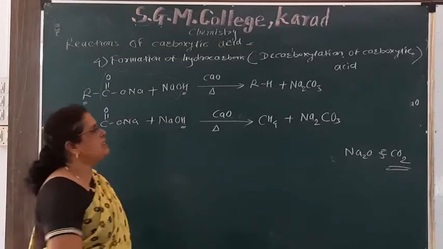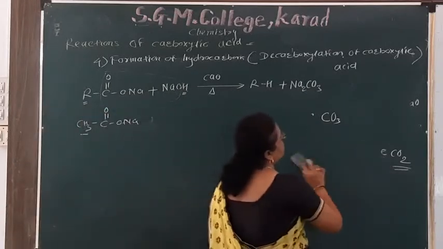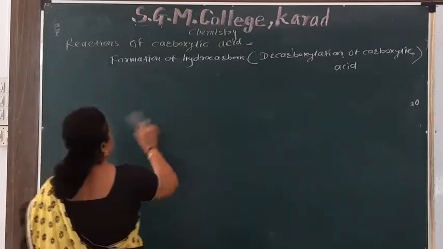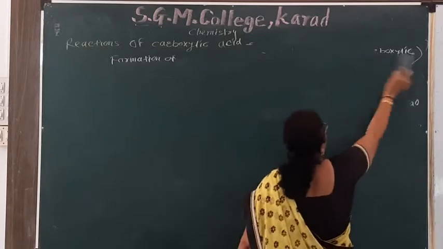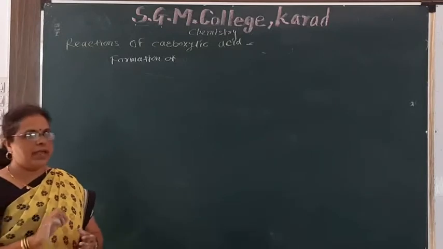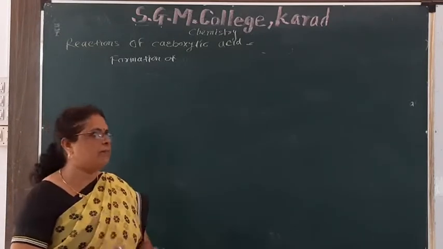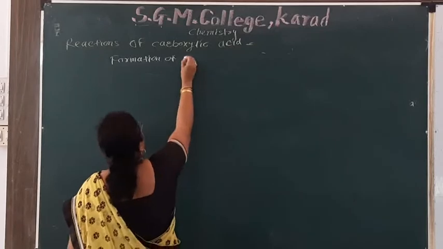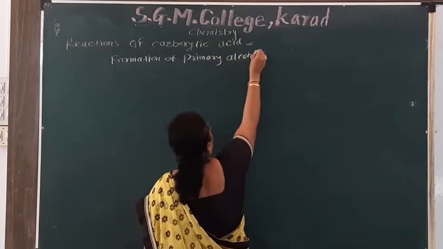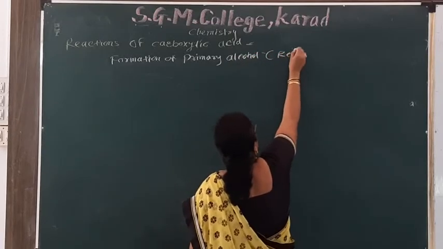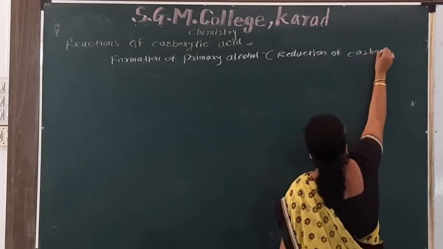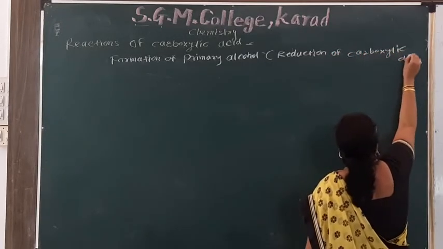Then the fifth reaction is formation of primary alcohol, or reduction of carboxylic acid.